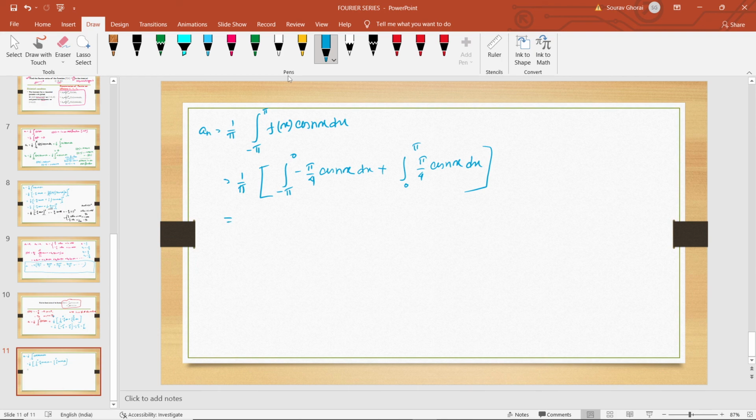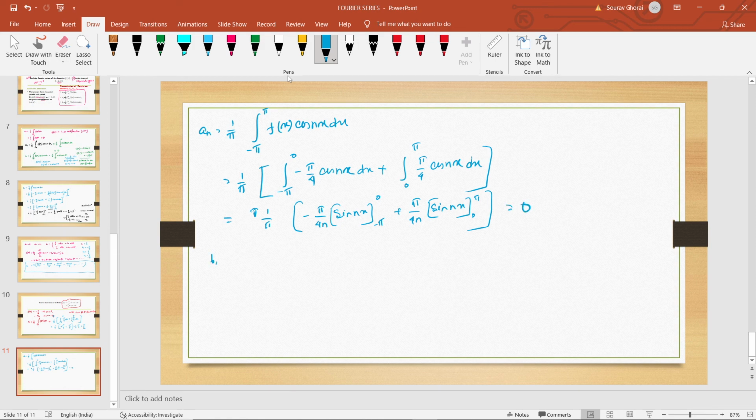So from here what we get is 1 by pi times minus pi by 4n sin nx in the interval minus pi to 0 plus pi by 4n sin nx from 0 to pi. See that sin n pi is always 0 and sin 0 is 0, so this will be 0.